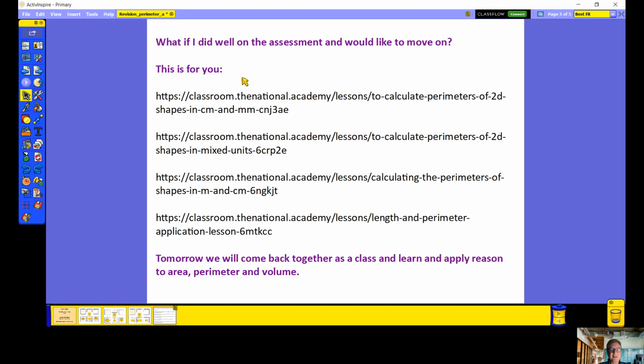So there's a link for the area of the Oak Academy to do with perimeter and area, and there are quite a few lessons, and these are the lessons that I've selected for you. And then tomorrow we will come back together as a class and learn and apply reason to area, perimeter and volume, and we'll be right back on track.